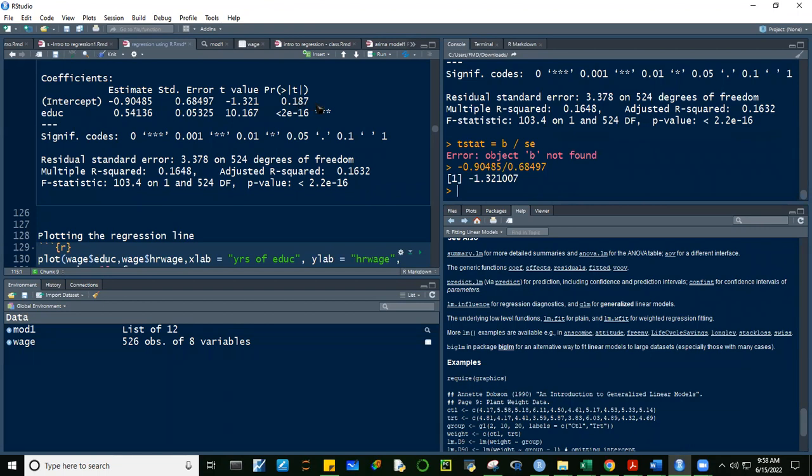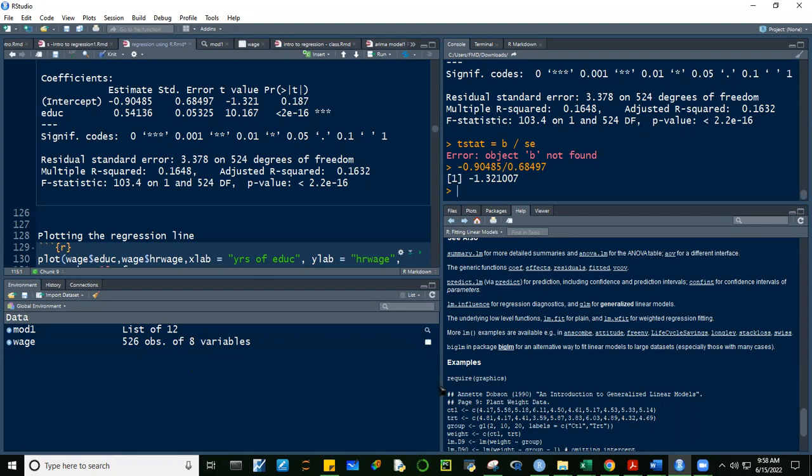Okay, question. Is this p-value significant or not? Anyone? Significant ba siya? Significant predictor ba yung intercept natin in explaining our dependent variable hourly wage?